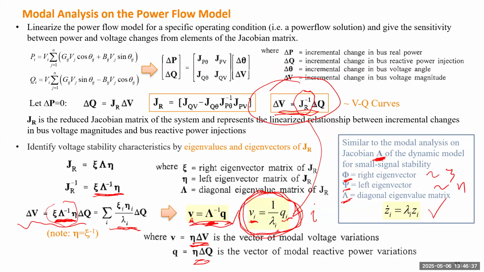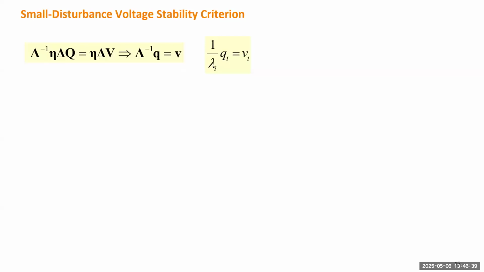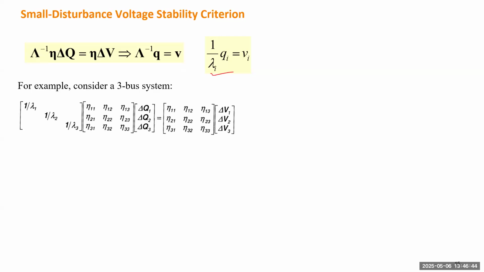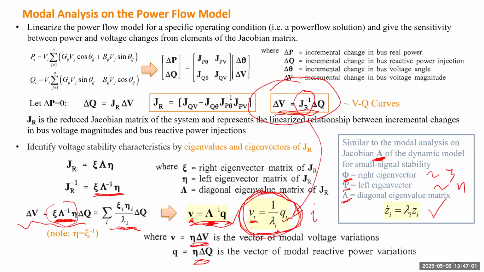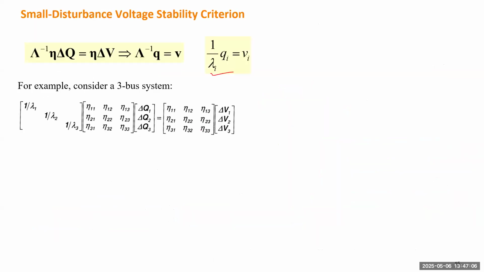Okay. Let's start from here. This is what we defined in a previous slide. If we study a 3-bus system, I ignore the first few steps. You write down the power flow equation for this 3-bus system, and then you linearize the system to get to here. Starting from there, you solve the 3 eigenvalues.